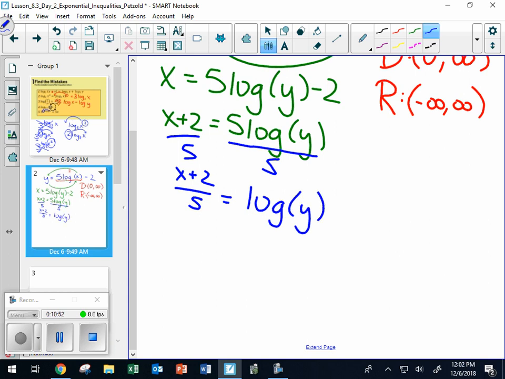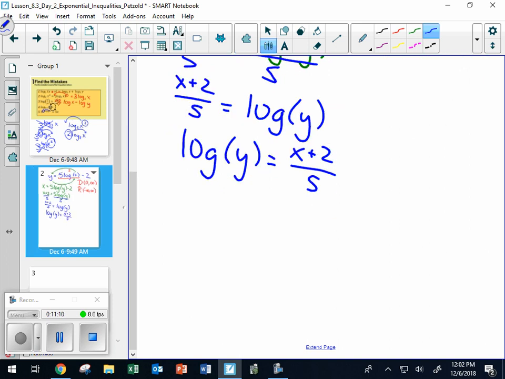Sorry, the log of y. I misspoke there. And from here, it looks problematic because I wouldn't know what to do from here. Except, what if I just switched spots? So I just put the log of y first, and then I just put the x plus 2 over 5 on the other side. What form is that? That's logarithmic form. If we're in logarithmic form, what do you think will happen if we change this to exponential form?